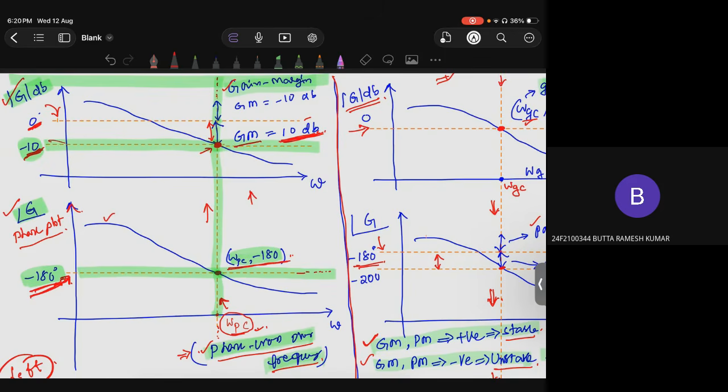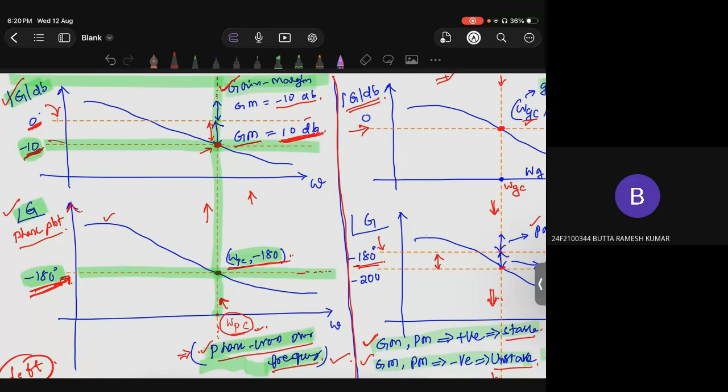Sometimes you may get your curve like this. In that case, your curve is 10 dB up from 0, and the gain margin will be minus 10 dB. So these are the two things you have: the phase crossover frequency and the gain margin.